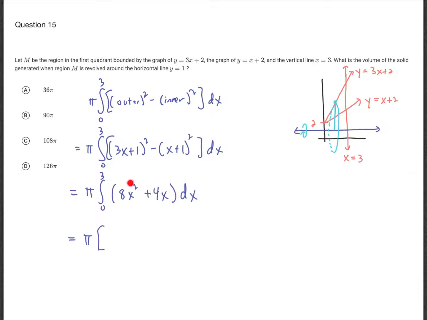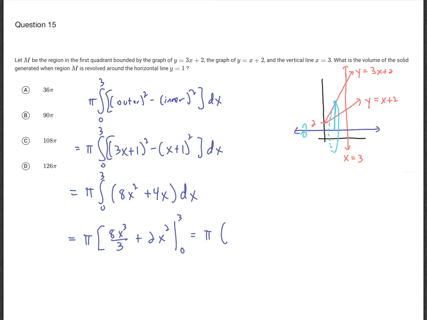Okay, so we'll integrate. So integral of x squared is x cubed over 3 times 8 is 8x cubed over 3. Okay, integral of x is just x squared over 2, but times 4, 2x squared. And now we'll evaluate that from 0 to 3. Okay, we don't have to plug in 0 and subtract, because whatever you get when you plug in 0 will be 0.